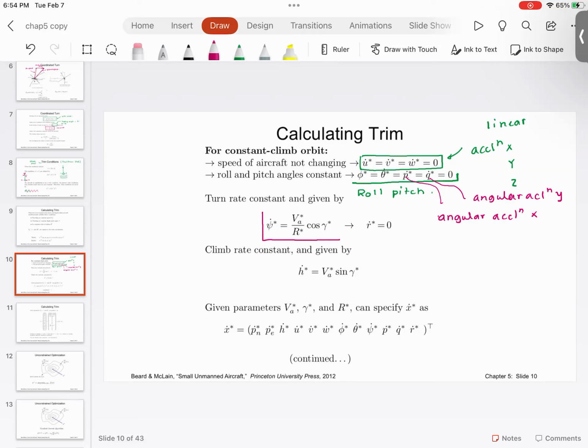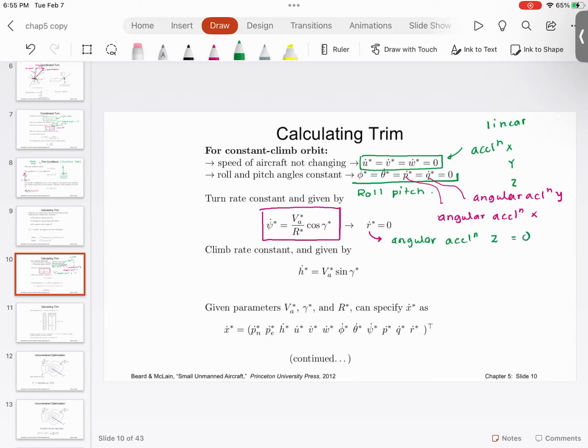which is the turn rate is constant, that yields R dot is equal to 0, which means that gives me the angular acceleration about z, acceleration about z is equal to 0.